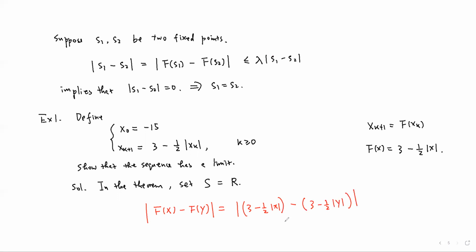Now simplify: cancel the number 3, and take out 1/2. So 1/2 times the absolute value of y minus the absolute value of x. But this is less than or equal to 1/2 times the absolute value of y minus x.